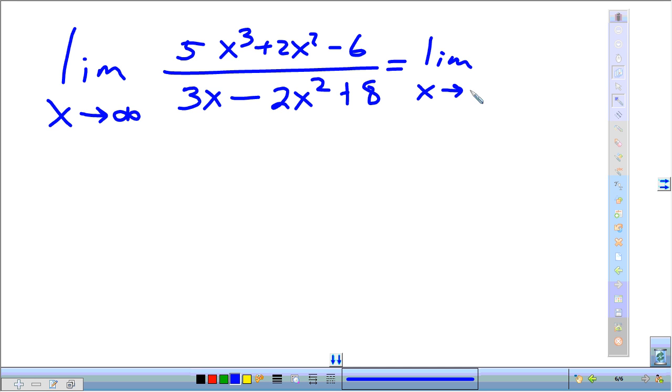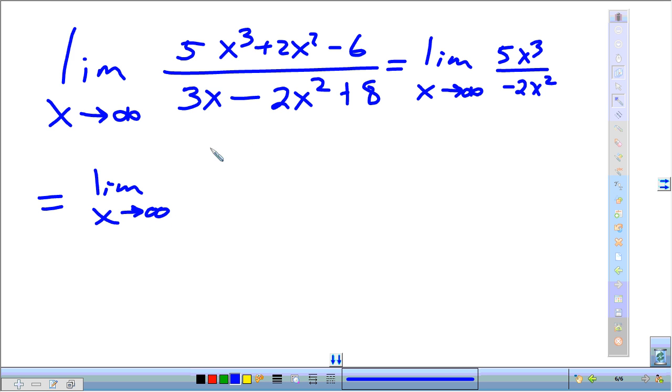For the limit at infinity, I'm allowed to take 5x cubed divided by the lower leading term, which would be minus 2x squared. So 5x over minus 2. So x becomes infinite, but we have a minus, so minus infinity is the case now.